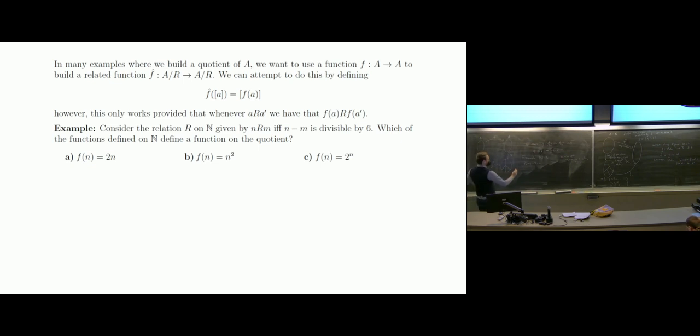So for instance, here's an equivalence class. 2, 8, 14, 20. Where should g send this thing so that this is true? Yeah, right? Equivalence class of 4.